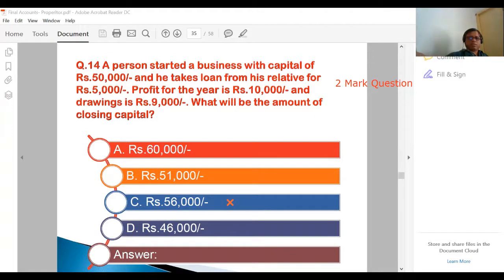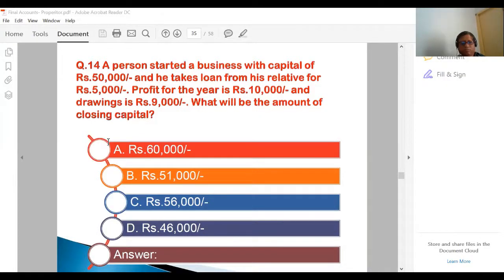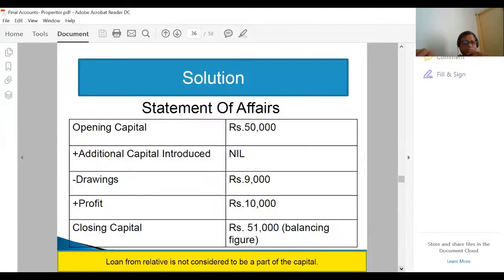Correct? Clear on this? Has anybody got a doubt? No doubt.